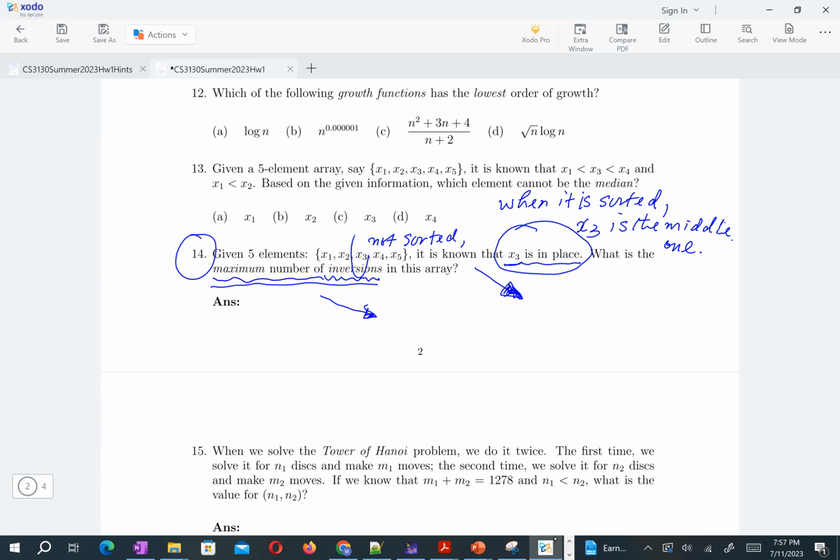So there could be a certain number of inversions with x3 involved. That means you should not eliminate x3 when you count the number of inversions. If you do it that way, you may miss a certain number of inversions.